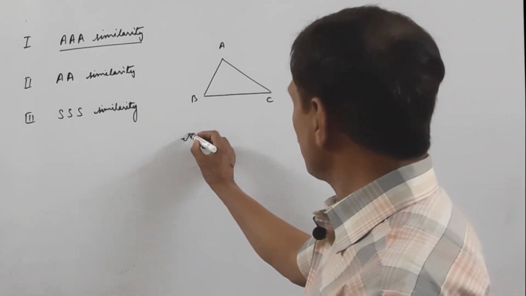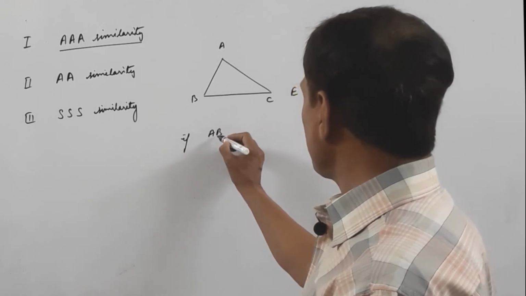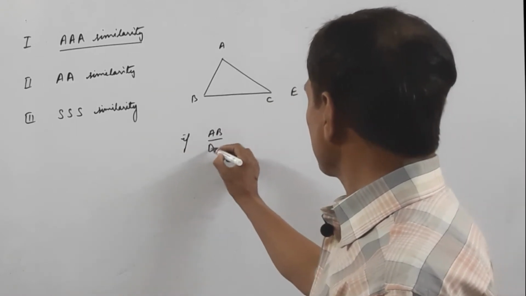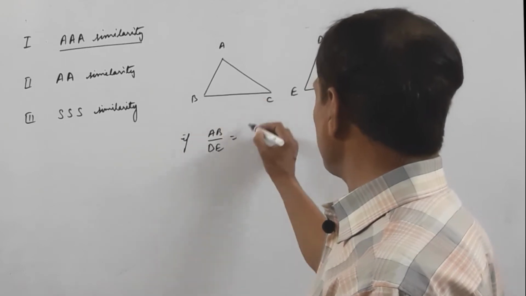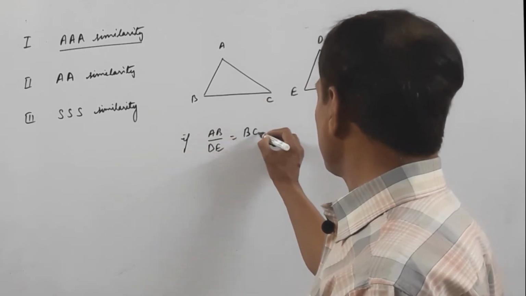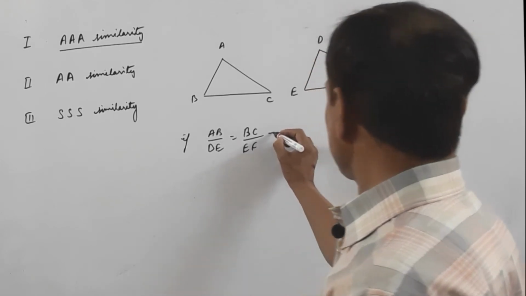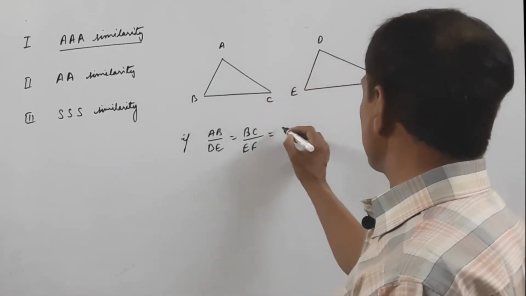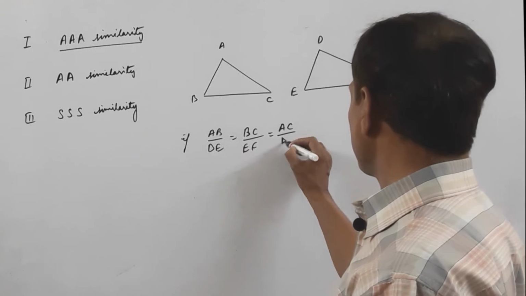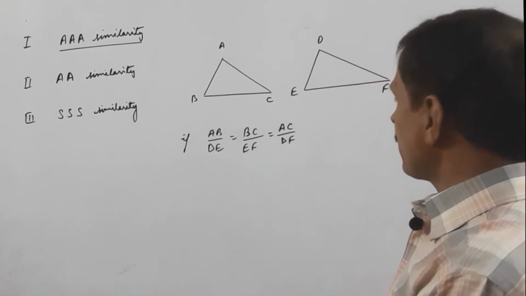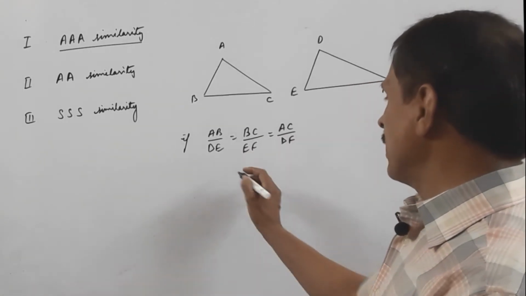That is, if AB upon DE is equal to BC upon EF is equal to AC upon DF, then the triangles are similar.